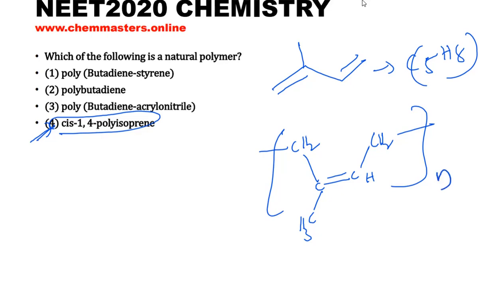So this is cis 1,4 polyisoprene, and it is a natural polymer. Polymers are very important, so focus on the important polymers. If you look back at the previous year questions of JEE NEET examinations, you will get an idea of which polymers are given in the examination frequently.